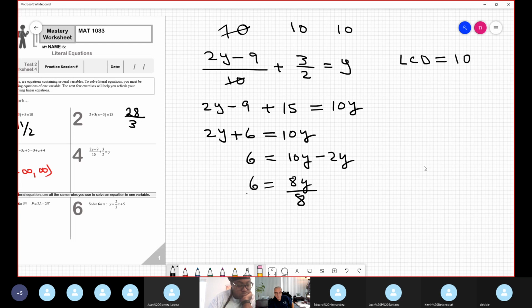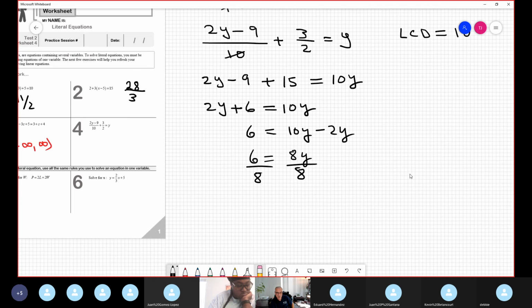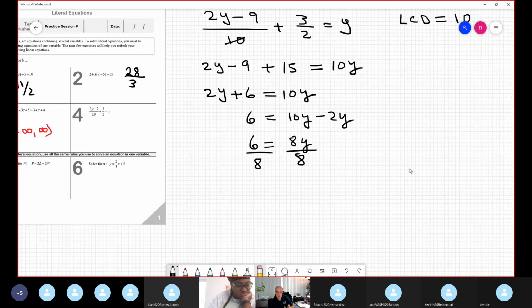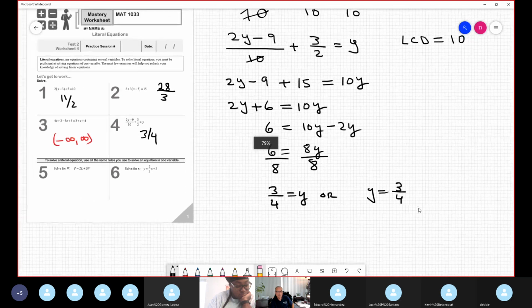Divided by 8 both sides. The equation is nice; you can interchange sides if you want. Reducing to lowest terms, divided by 2, is 3 over 4. So y is equal 3 over 4. Okay?